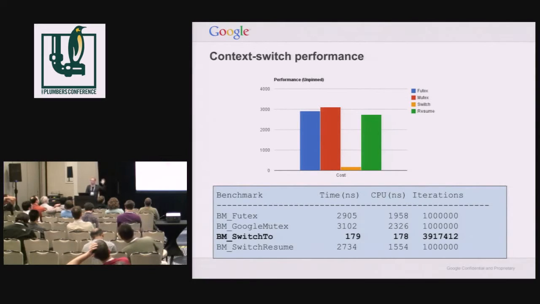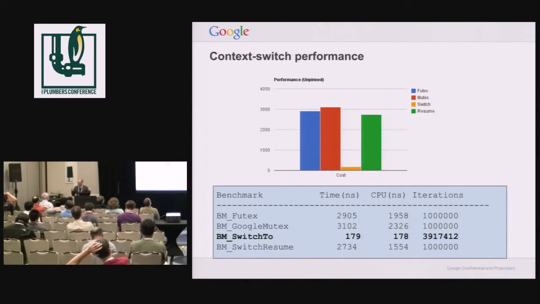But if you put them all side by side, running on an idle system, we can do these fast thread-to-thread switches in about 150 to 200 nanoseconds, as compared to the 2 to 6 microseconds of a regular context switch. This is basically in the ballpark of a user-level switch. If you write this entirely in user space, you can get down to 20 to 100 nanoseconds. But then you've got user-level threads.